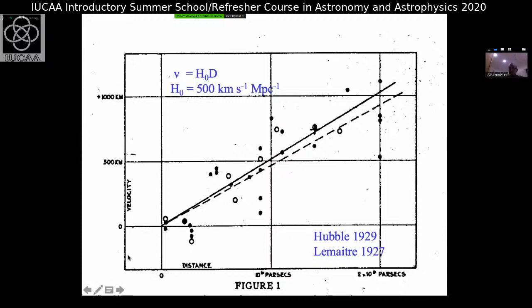Now that has its own implication. So we are sitting here in the Milky Way, and we look at all the galaxies moving away from us. But the Milky Way has no special role to play, and therefore if I shift to any other galaxy, I should again see all the galaxies moving away from that galaxy. So how is this interpreted? Hubble interpreted it as the cosmic expansion of the universe, that the whole universe is expanding.